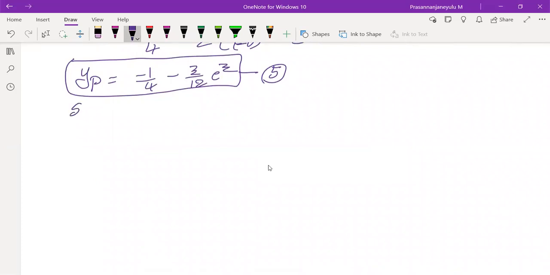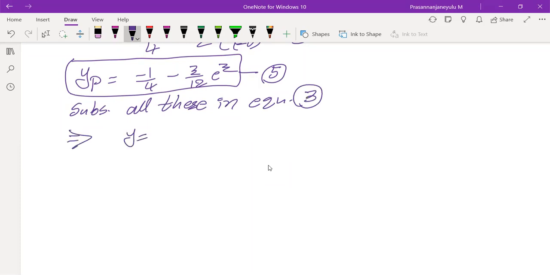Substitute all these in equation number 3. What is equation number 3? y equals yc plus yp.